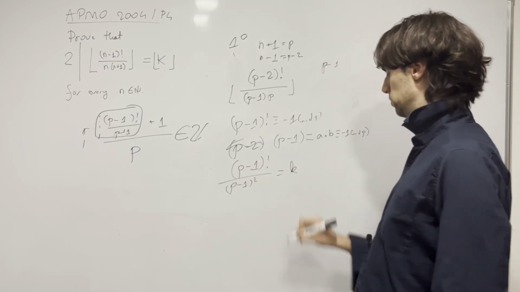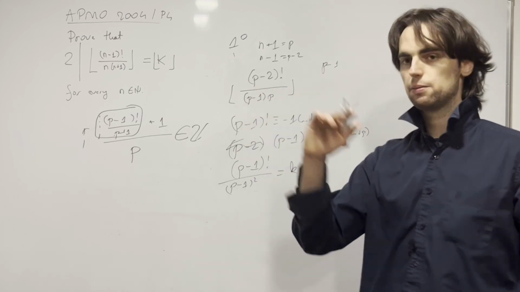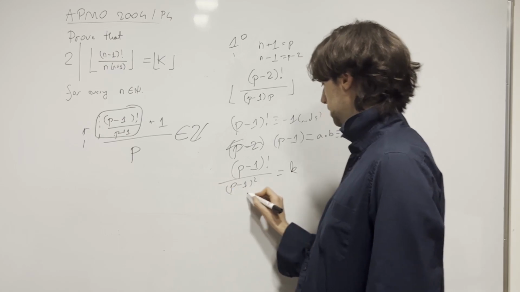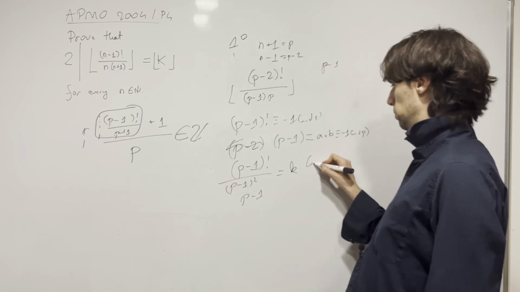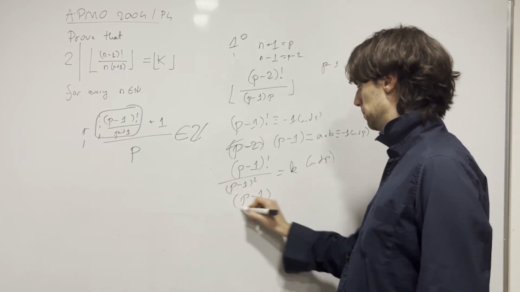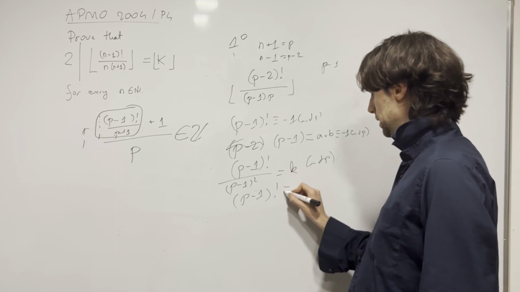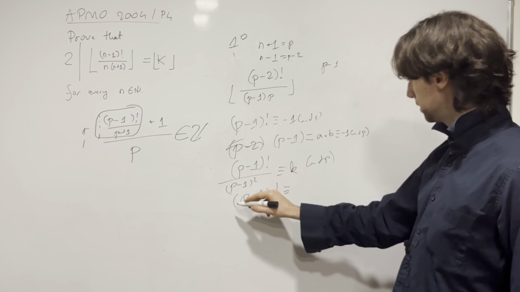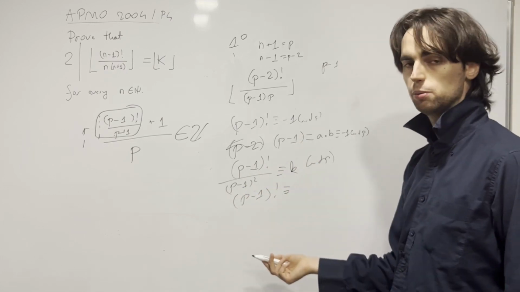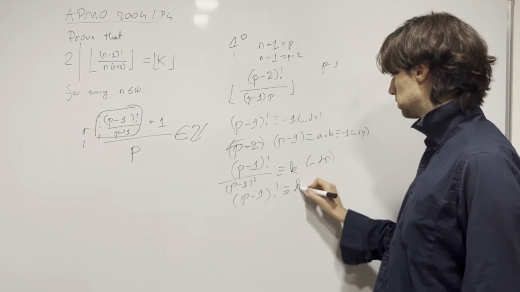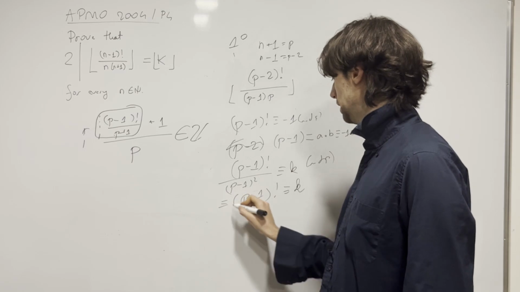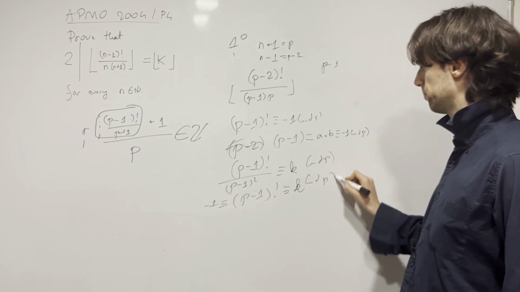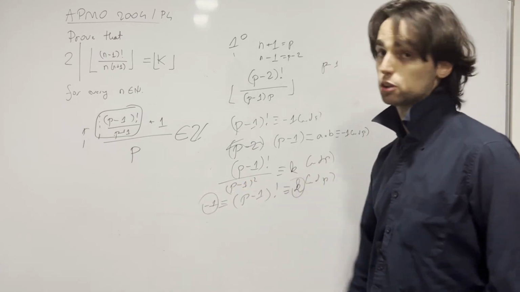Let this be congruent to k. Multiply everything through by p minus 1 squared, and we'll get that modulo p, p minus 1 factorial is going to be congruent to k, since p minus 1 squared is congruent to 1, and this thing on the other hand is congruent to minus 1 modulo p. So k is congruent to minus 1 modulo p.